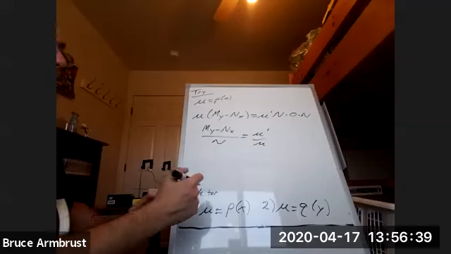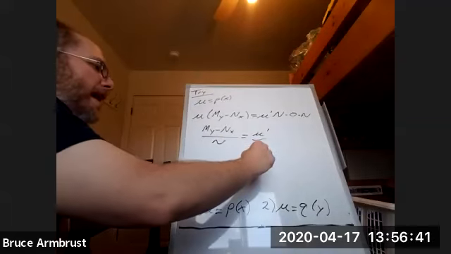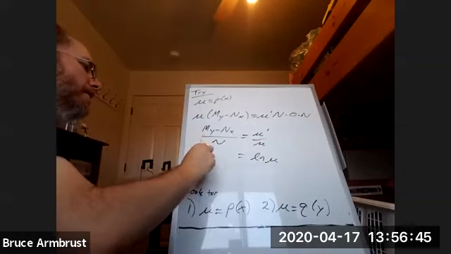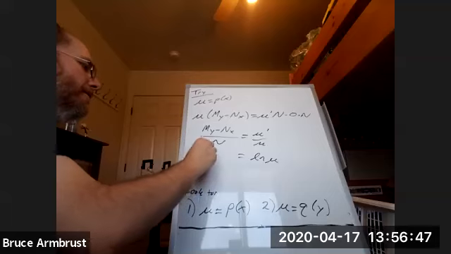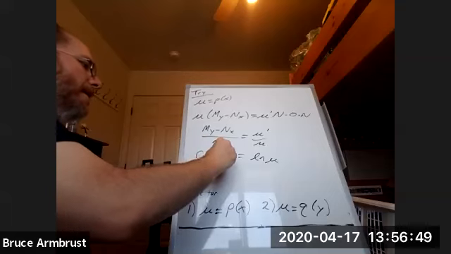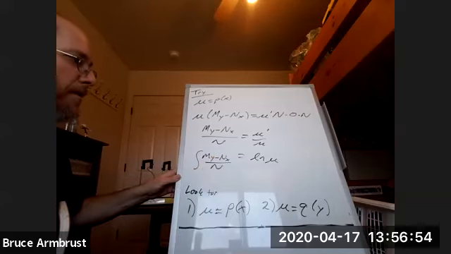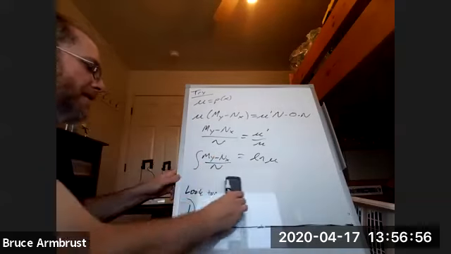Then if we integrate, this gives us the natural log of mu is equal to the integral of my minus nx over n, which then we can solve for mu.